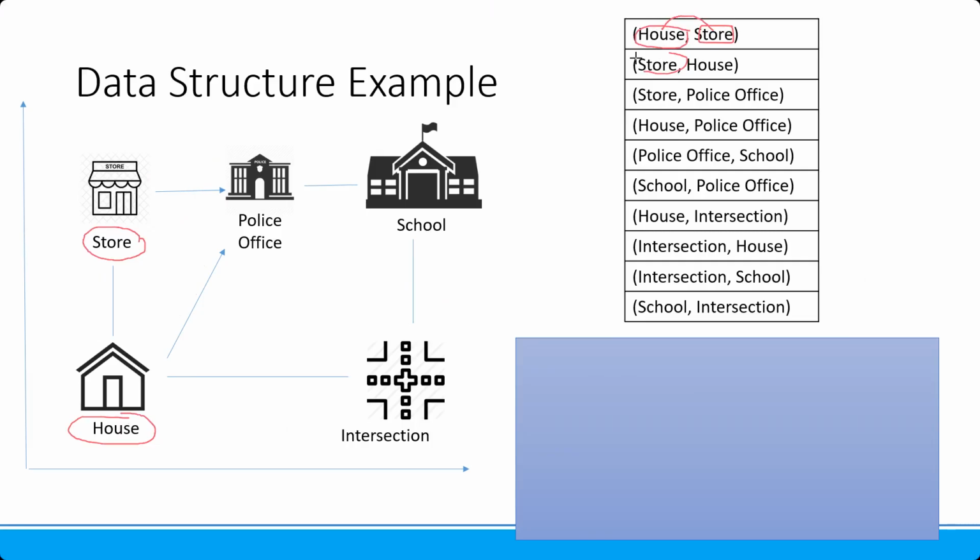I can also save the data like this one, store house, because I can go from store to house. I can save the data like this one, store police service, because I can go from store to the police service. But there is no data in this service store. Okay? There is no data because we cannot go from police office to store. Okay, so this is one way to save the data.